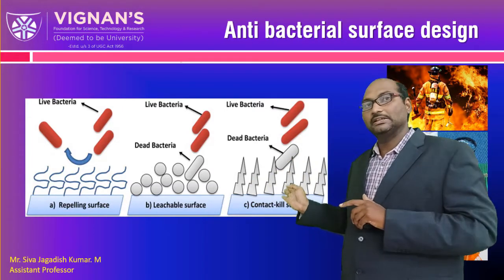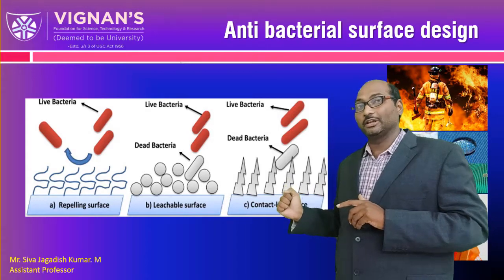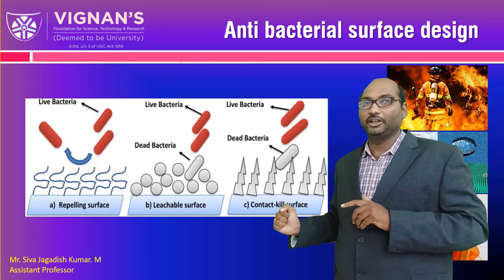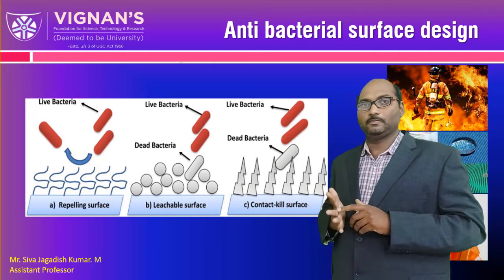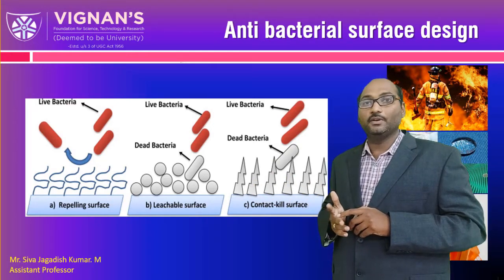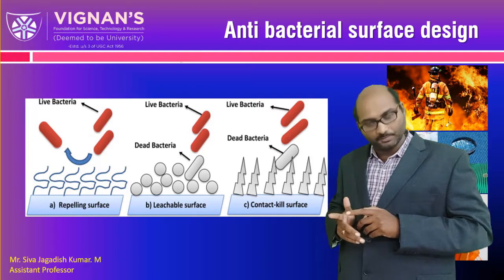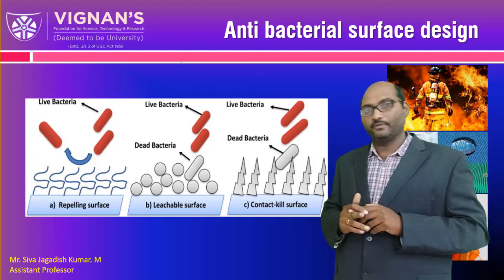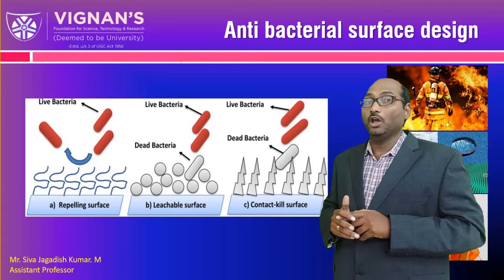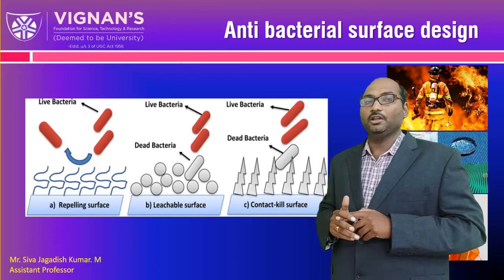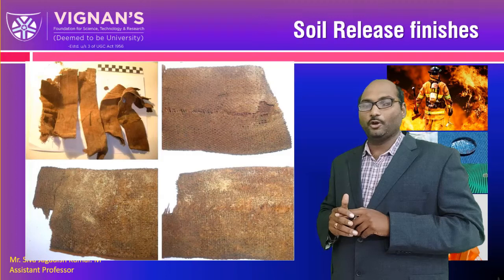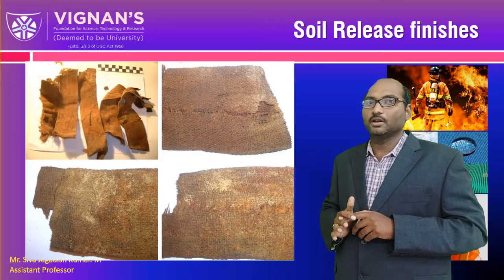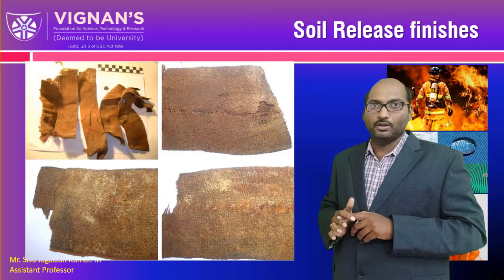The third one is the contact kill surface, the non-leaching type, where whatever bacteria comes into that zone will be dead. Yes, it is proven. So this is the non-leaching type of antimicrobial finishes. I hope you understood the fundamentals of antimicrobial finishes.